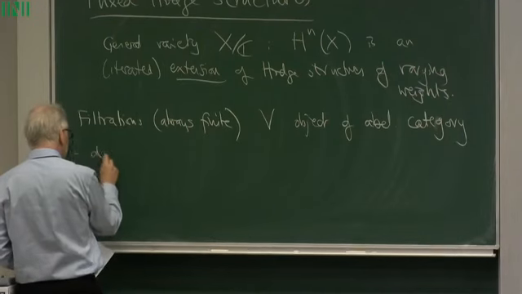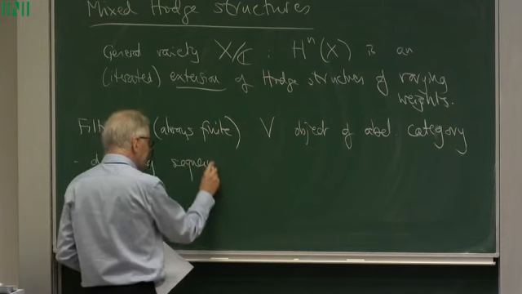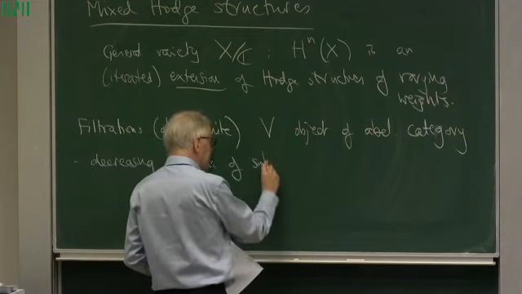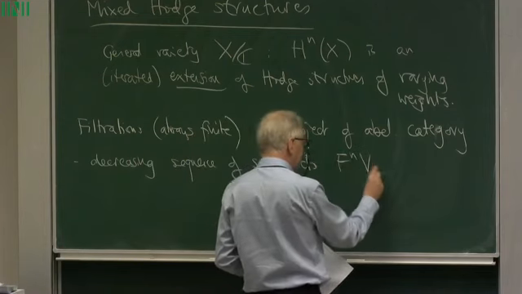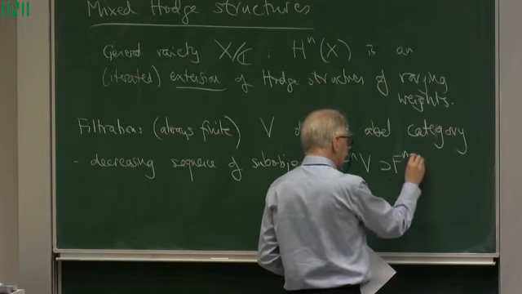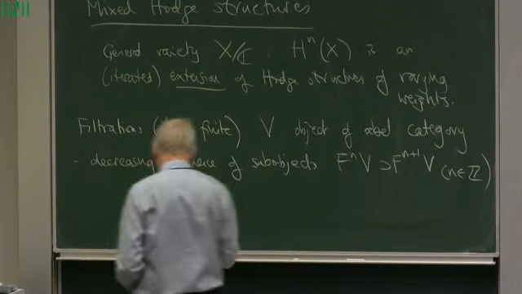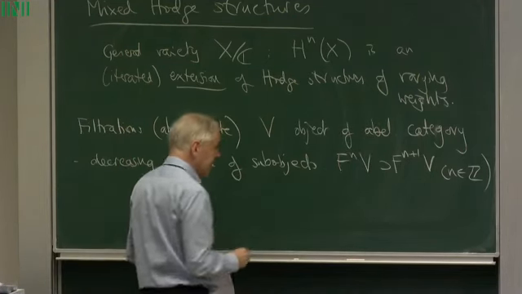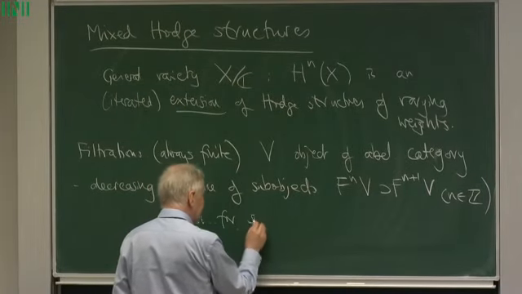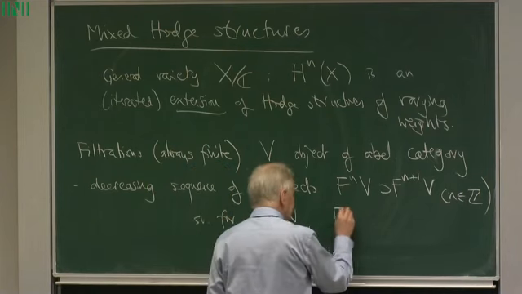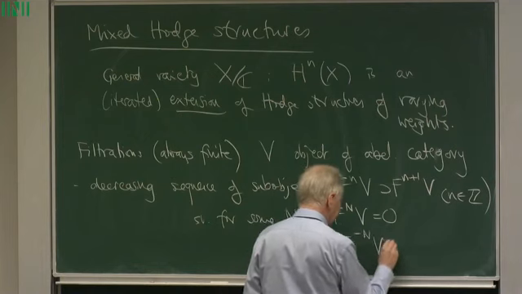A decreasing filtration is just a decreasing sequence of sub-objects F^n V. So this is decreasing, so we've got that way round. Such that for some sufficiently large n, F^n V is 0, and F^{-n} V is the whole of V.